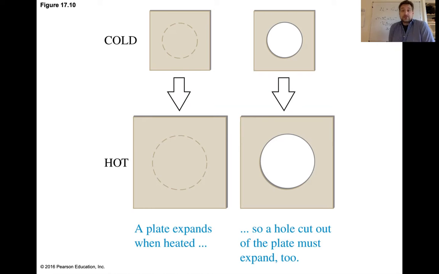If you've ever used the trick that a stuck jar lid can be unstuck by heating the lid, it's because the ring expands faster than the glass jar does, and so it's easier to get off the jar. It's not that the hole is compressed because all the material around it expands. It's sort of like it expands from here out, and then the hole actually increases in size as well.